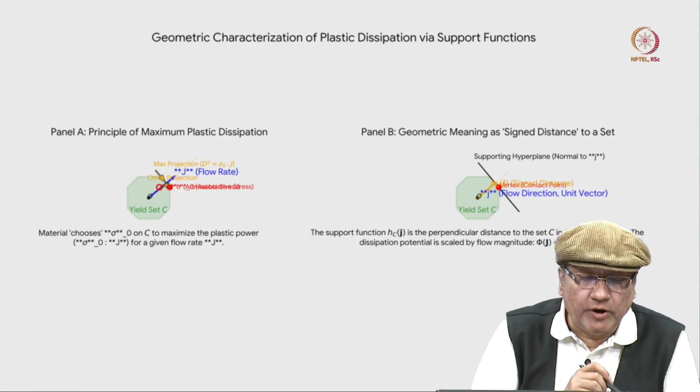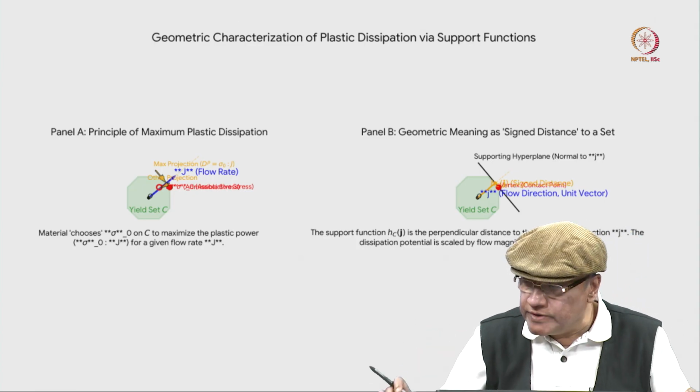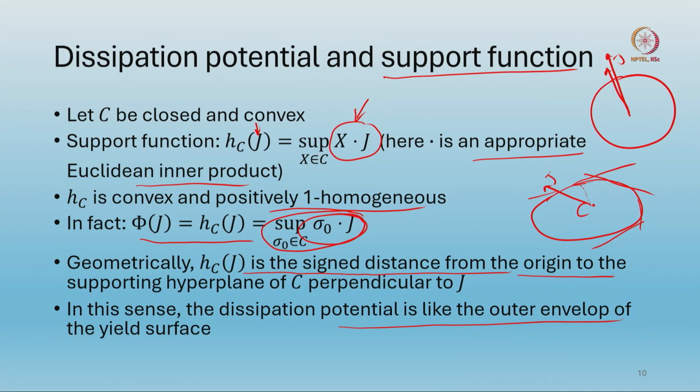The important point here is that by choosing H_C equal to phi(J), with the supremum included in the definition of H_C, we are automatically maximizing the plastic power, and therefore this also corresponds to the maximum dissipation, consistent with the maximum dissipation principle.